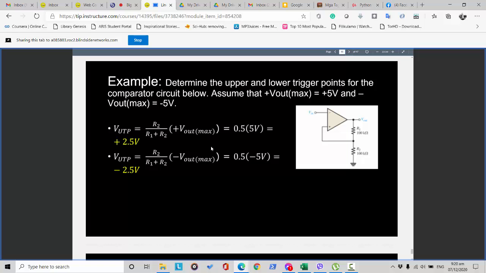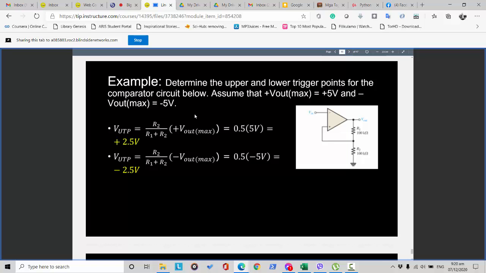Example. In this example we can determine the upper and lower trigger points for the comparator circuit illustrated here. Let's assume that the maximum output voltage is positive 5 volts, and the maximum negative output voltage is negative 5 volts.